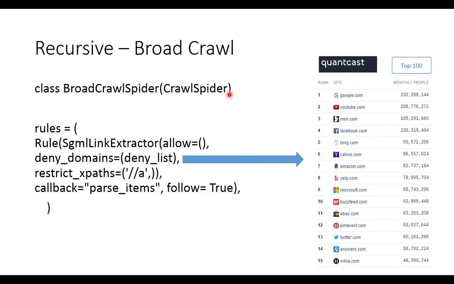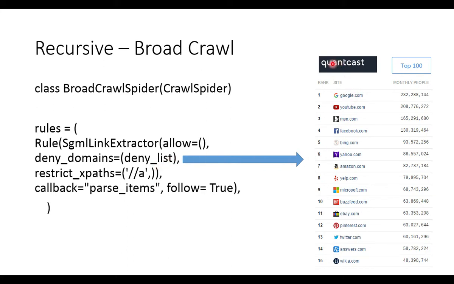In terms of the rules, given that this is a broad crawl, I'm allowing all sites to be indexed, so I'm not restricting the list of allowed sites. However, I have restricted the sites by putting some in the deny list.